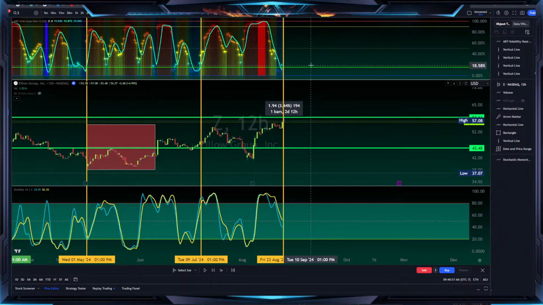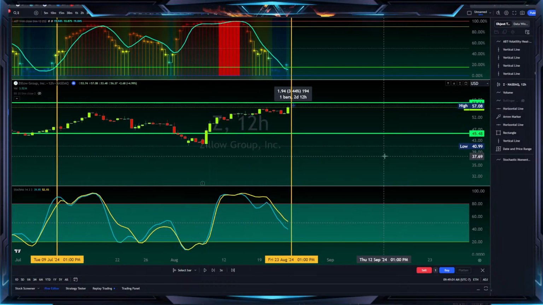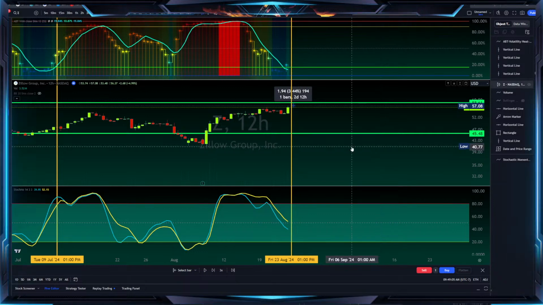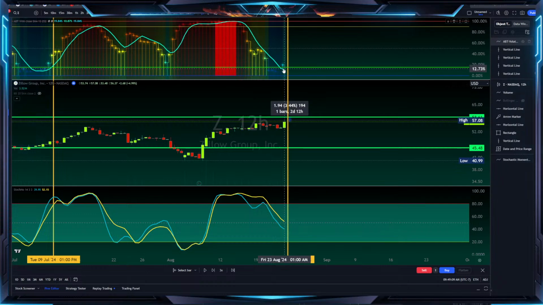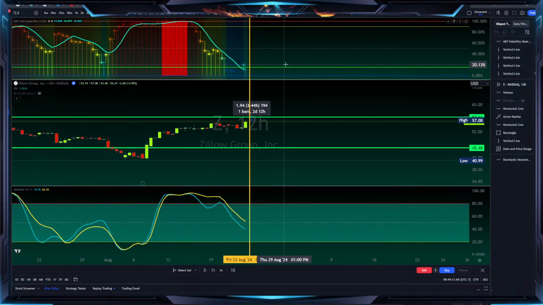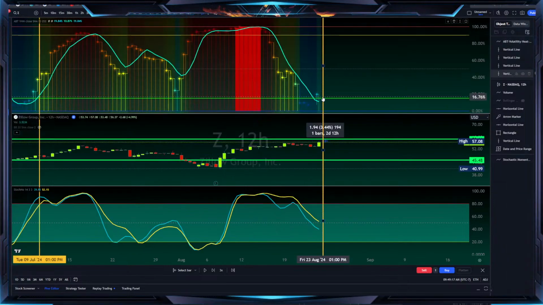Now, the reason we would use stochastic momentum, coming back here for you, okay? The reason we're going to use stochastic momentum from the firing of the signal potentially here, right? We're already seeing that the volatility component is firing off on a 12-hour. Very cool. We want both of the moving average and the volatility component to be pivoted towards that upside.